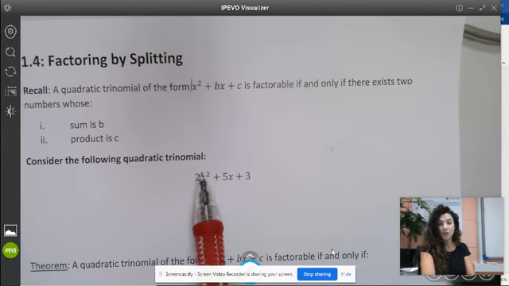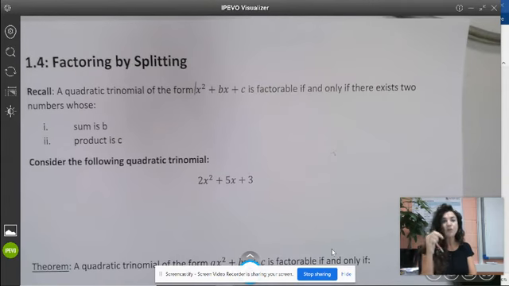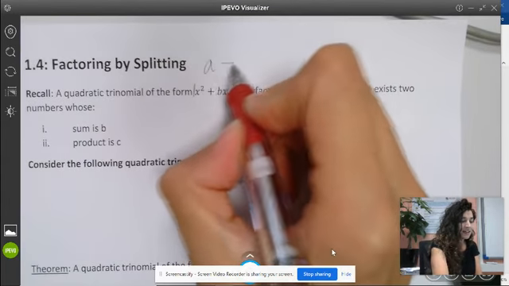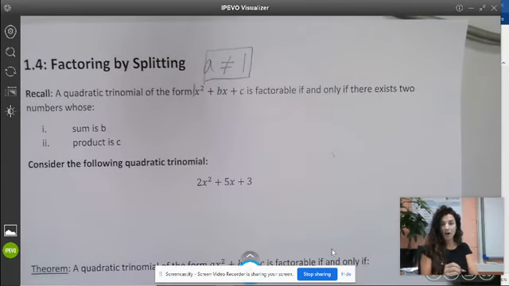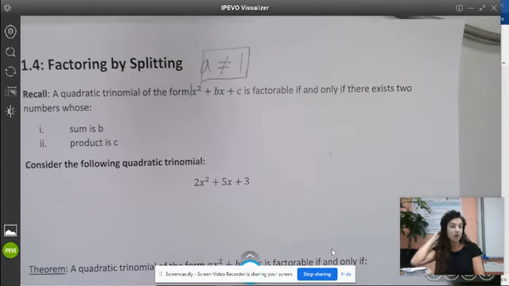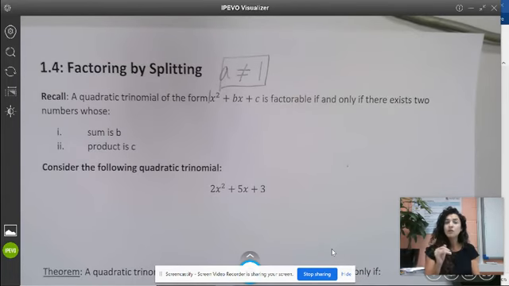Remember that trinomials means there are 3 separate terms. So today we factor trinomials when a does not equal 1. If you're organizing your notes, your 1.3 factoring notes were about when a equals 1. Today is about when a does not equal 1.